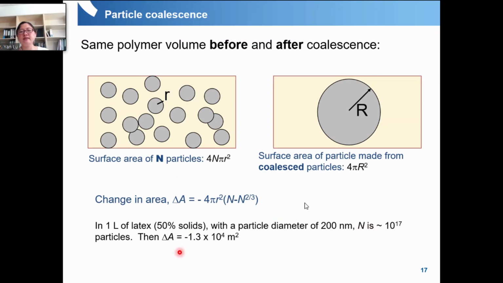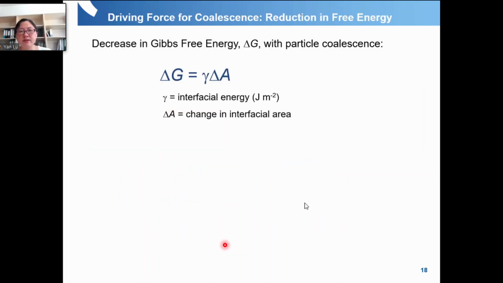After coalescence, if we form a large particle from these 200 nanometer particles, we will have a reduction of the surface area of around 1.3 multiplied by 10^4 square meter. So we have a huge change of the surface area after this particle coalescence.